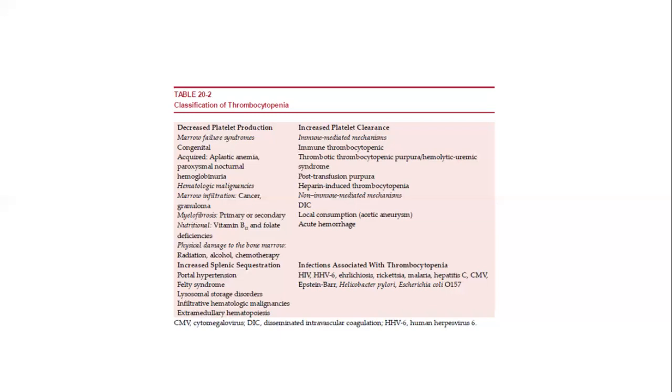This is the criteria to say hypersplenism. Enlarged spleen plus reduction of 2 or more cell lines. If only platelet is reduced, we cannot call it hypersplenism. To say hypersplenism, we need at least 2 or 3 cell lines to be affected. But even if one cell line is reduced, of course, enlarged spleen could be a possibility.